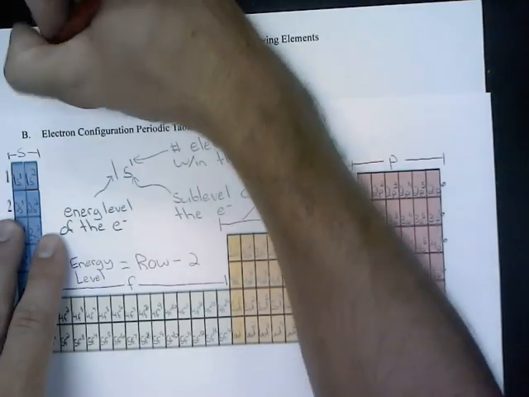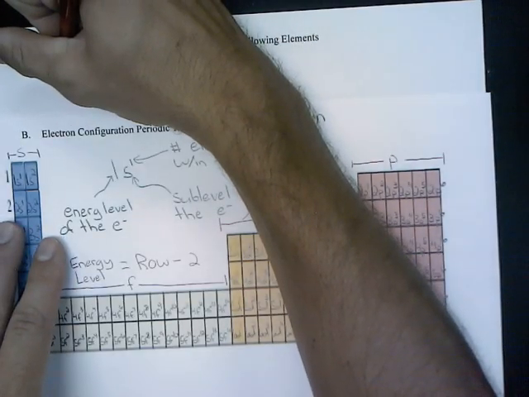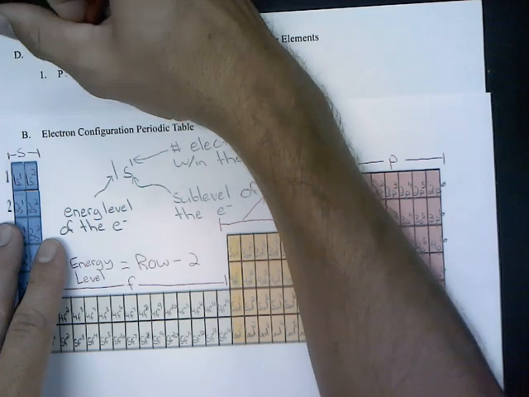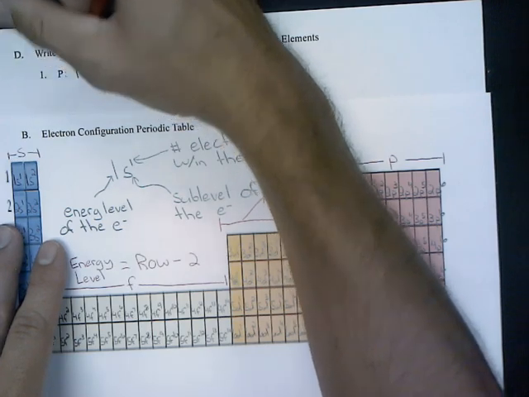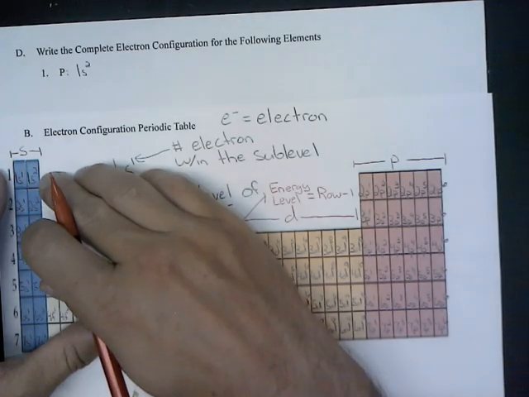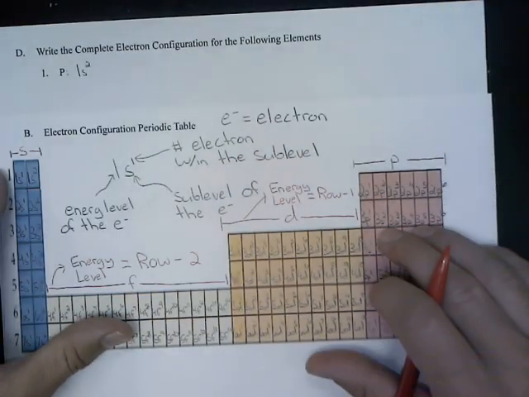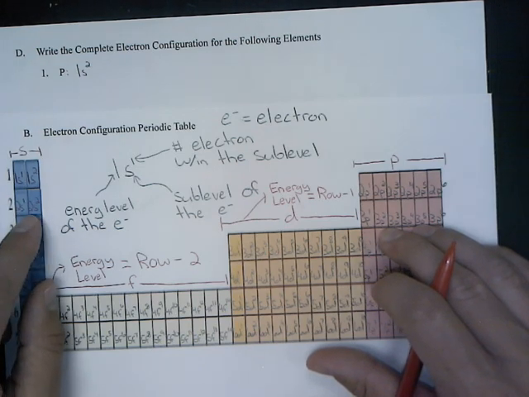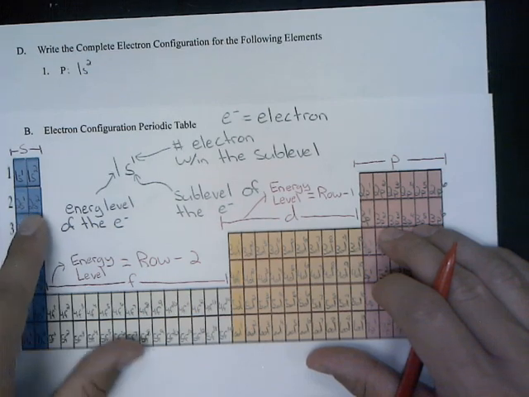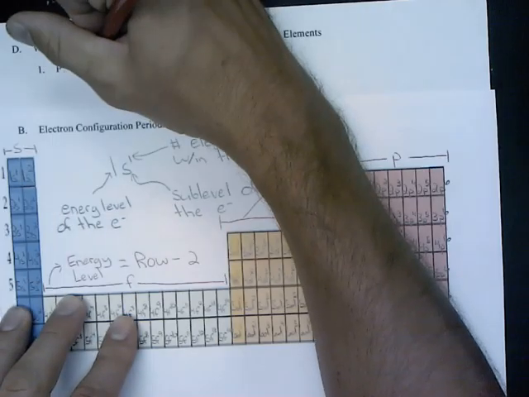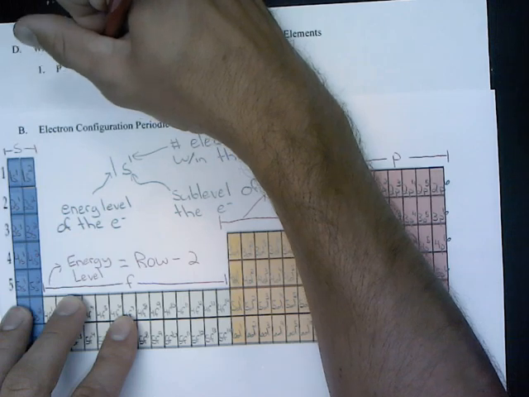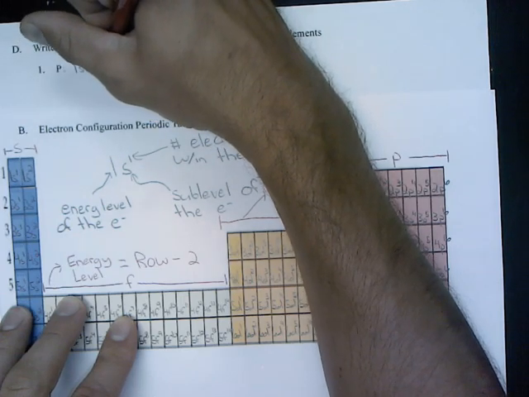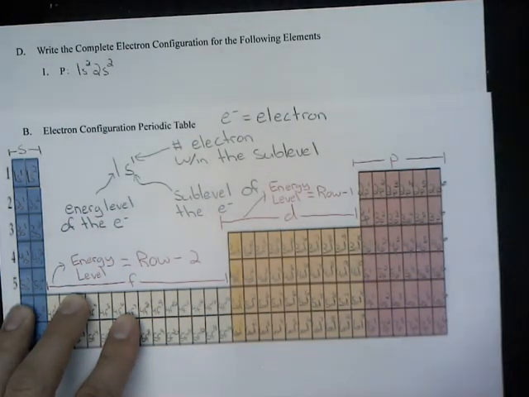Well, the answer is no. So we write down just 1s2, which represents all of those electrons in the 1s level. There's nothing else in the first energy level, so we move down to the second energy level. We have 2s. Is it 3p3, have we reached it yet? Nope. That means we need all of those, so we write down 2s2.